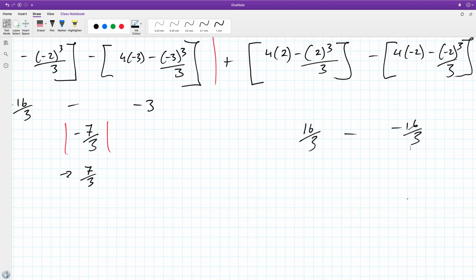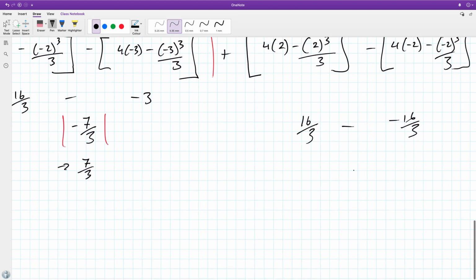So that's 16 over 3 plus 16 over 3, which is 32 over 3. 32 over 3 plus 7 over 3 is 13 units.